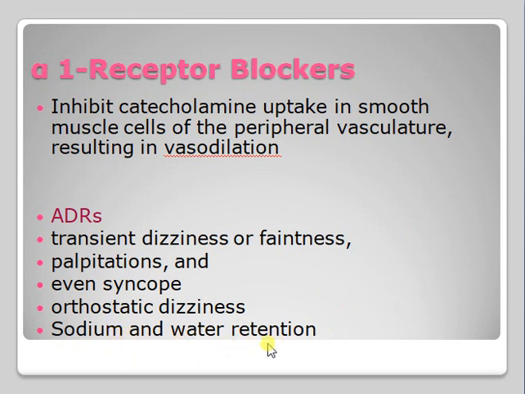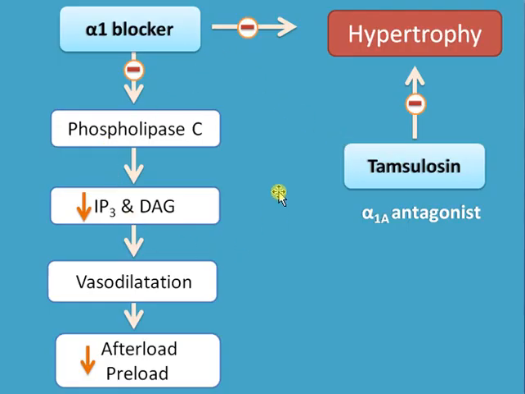Here is its mechanism at the cellular level. Alpha 1 blockers inhibit phospholipase C, which is associated with the IP3 DAG pathway. This is the G protein coupled receptor pathway, which results in production of sympathetic tone, that is vasoconstriction.